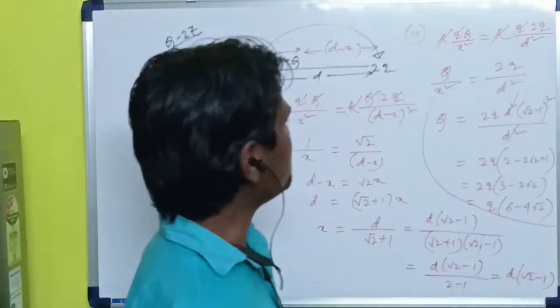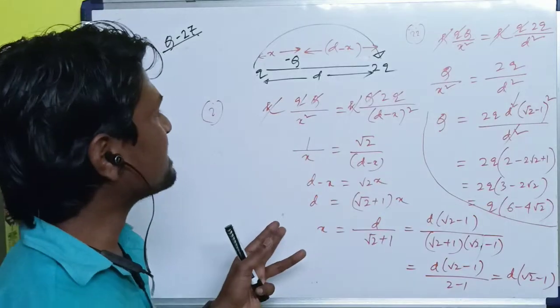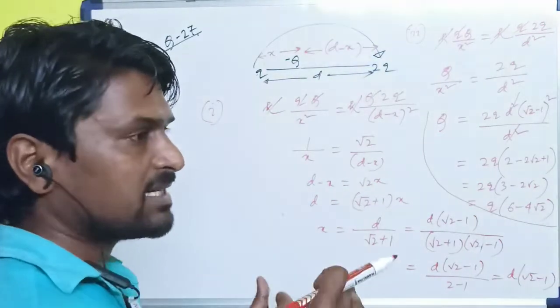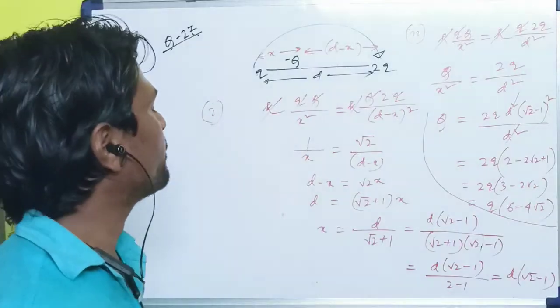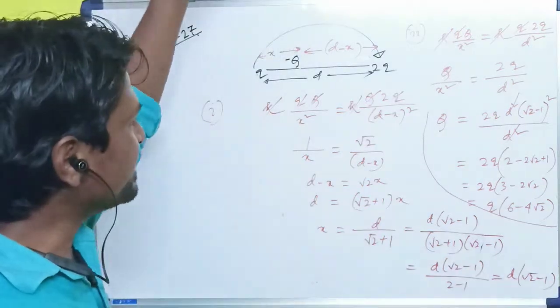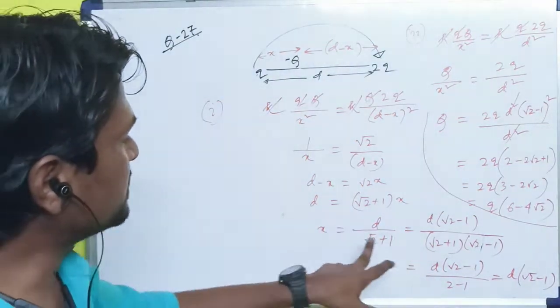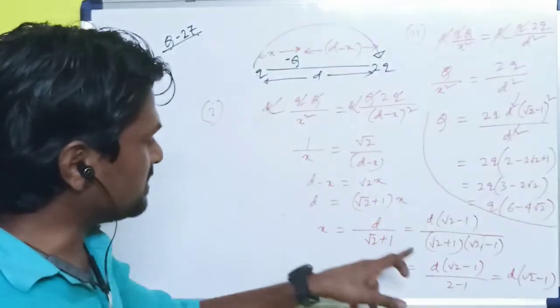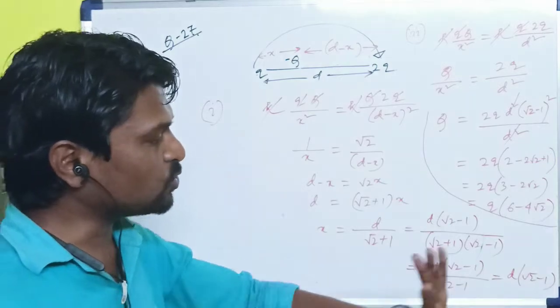So the question is, if q and 2q charges are kept at a particular distance d, where should the third charge be placed so that the total system is in equilibrium? And what is the amount of charge, what is the nature of charge, and where is it kept? The first answer is that it is kept from the small q charge, at a distance d into (root 2 minus 1).